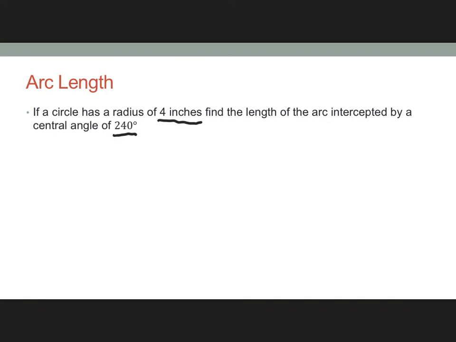So let's convert. 240 degrees times pi over 180 degrees. The degrees drop out. The radians stay from the pi. And you can reduce 240 over 180 to 4 pi over 3. So that is 240 degrees expressed in radians.